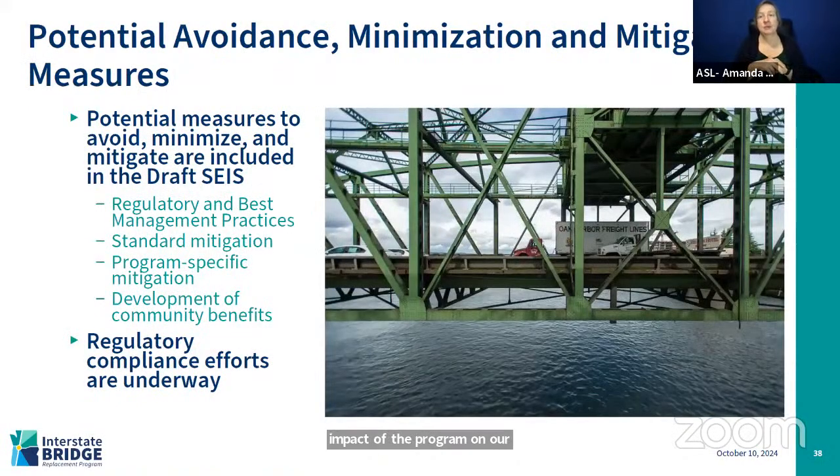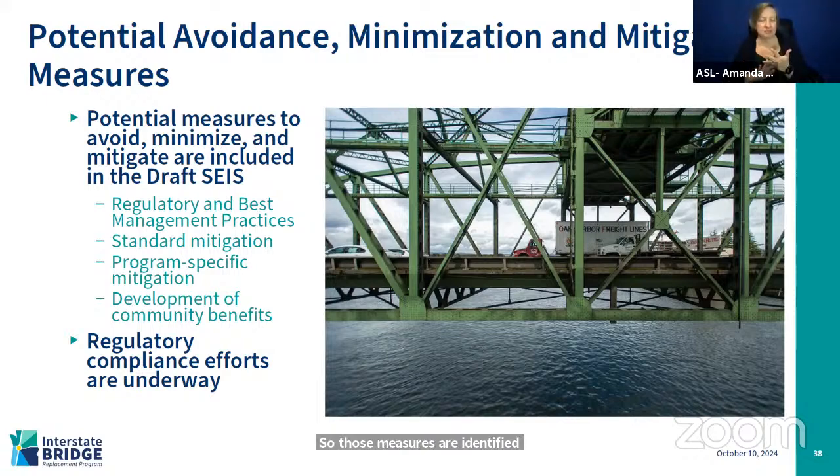pointing to the draft SEIS talking about potential avoidance, minimization, and mitigation measures. And those are provided for each resource. So those measures are identified for economics, climate change, and so on.